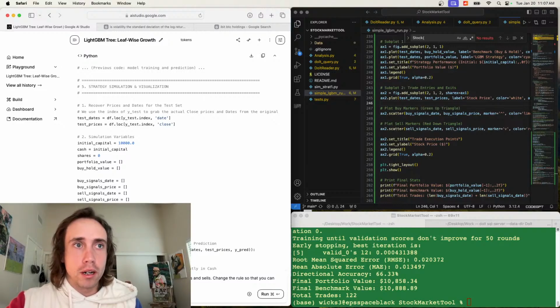Each buy signal, you should only buy 1 share.